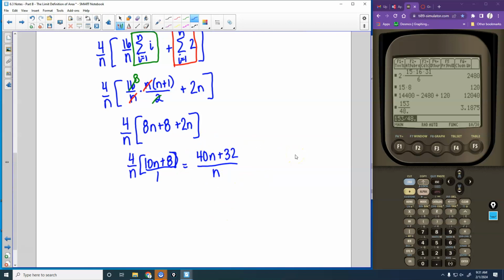It'd give me the estimate. But I want infinite rectangles. So now I'm going to do the limit as n approaches infinity of 40n plus 32 divided by n. What is that? It's 40. The area under the curve is exactly 40.